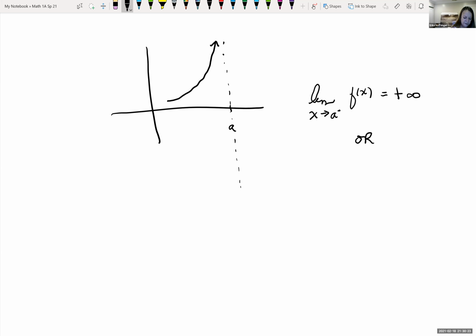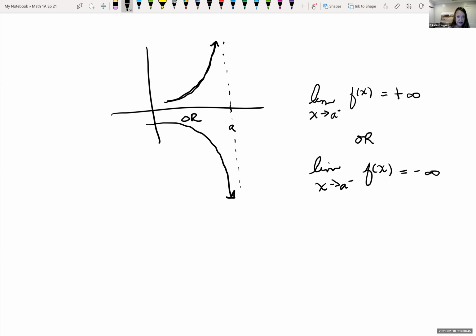Or does it go down to negative infinity? Instead of going upwards like this, it would be shooting downwards, going to negative infinity.